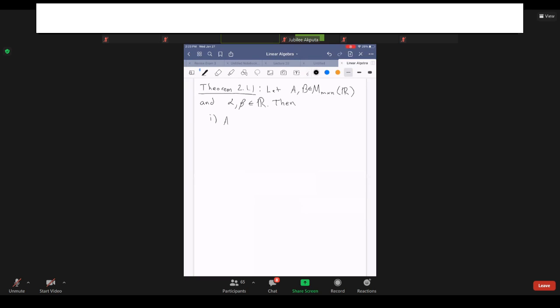We have that A plus B is equal to B plus A. So the matrices commute.